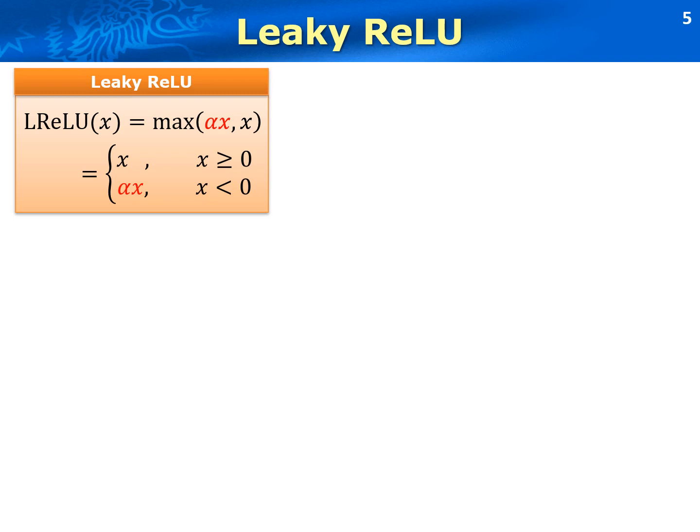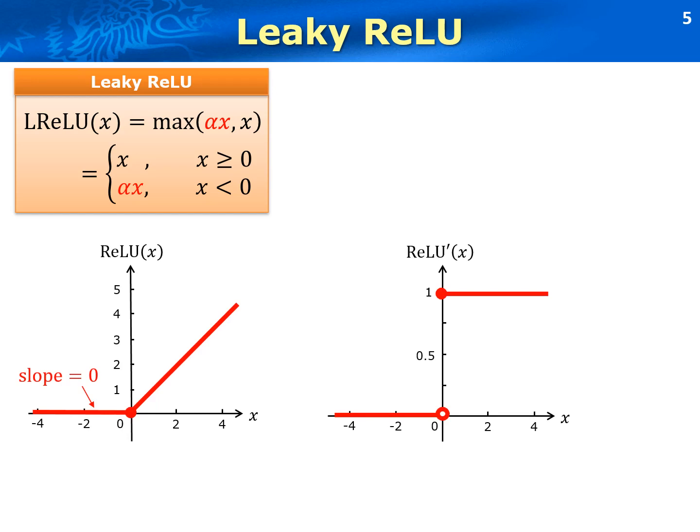Therefore, in the graph of the leaky ReLU function, there is a slight slope alpha for negative values. Accordingly, in the derivative of the leaky ReLU graph for negative inputs, there is a horizontal line whose y-intercept is alpha.